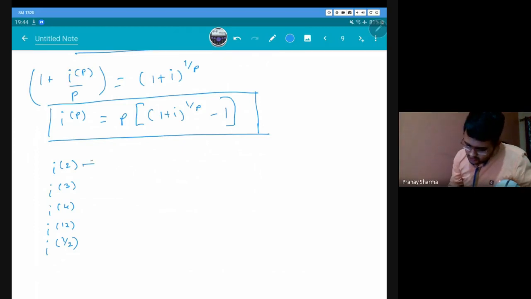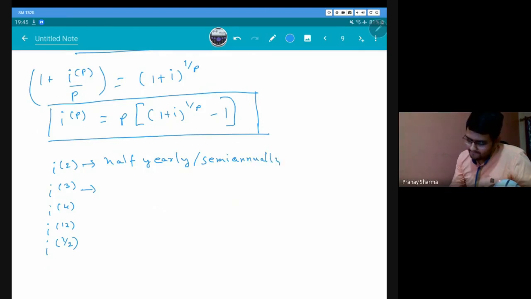So I2 is going to be half yearly or 6 monthly. I should write half yearly. Or we also call it semi-annually. I'll write semi-annually as well. We also call it biannually.